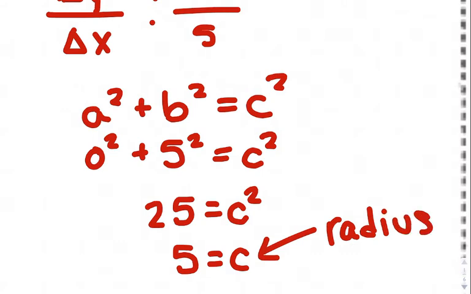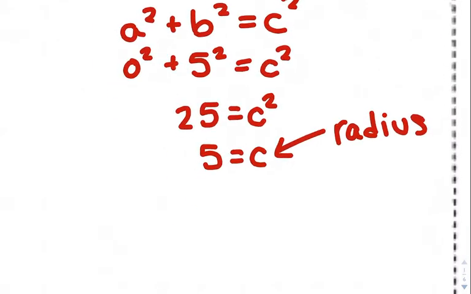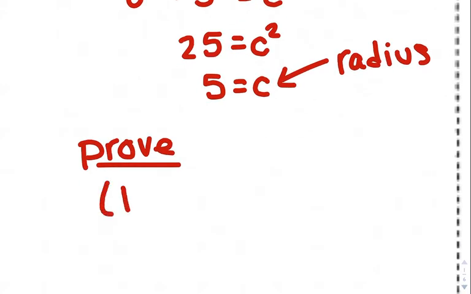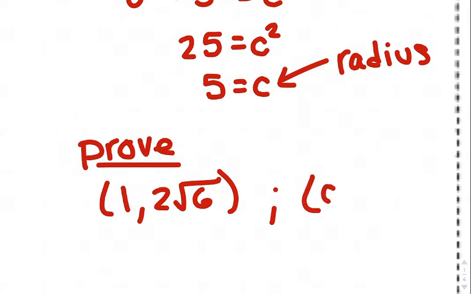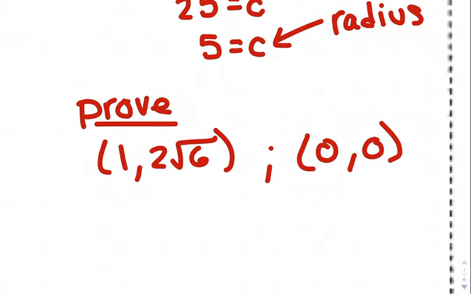So now what I have to do is check the other point. So I'm going to try to prove that 2 radical 6, 1 is on the circle with a center of 0, 0. So you're using the point they want you to prove and then the center. So we have to do this process again. We're going to find our slope.